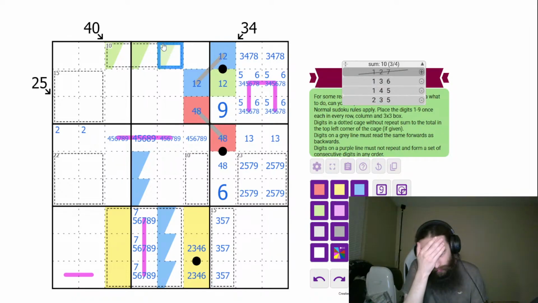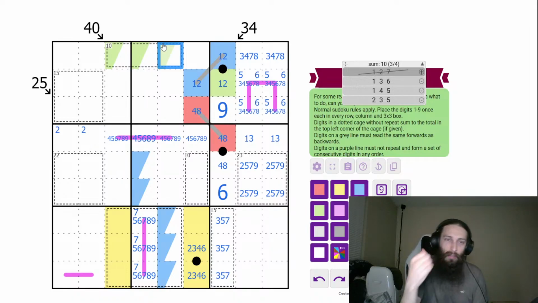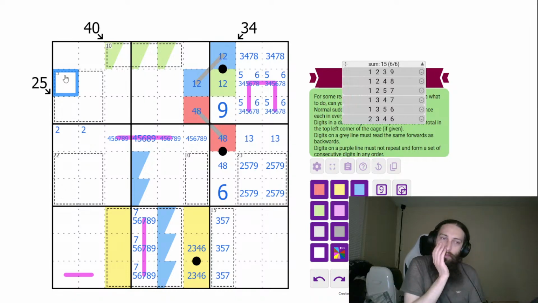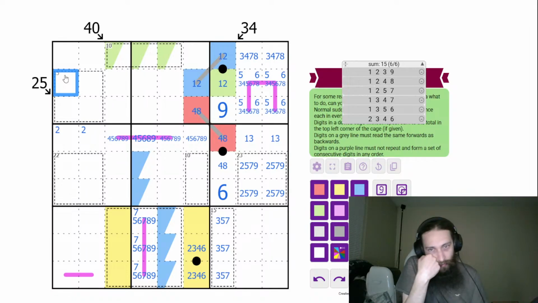This 10 cannot be 1, 2, 7. But I can't think of anything else. This 15. Can't think of any reason why any particular set on the 15 is removed.